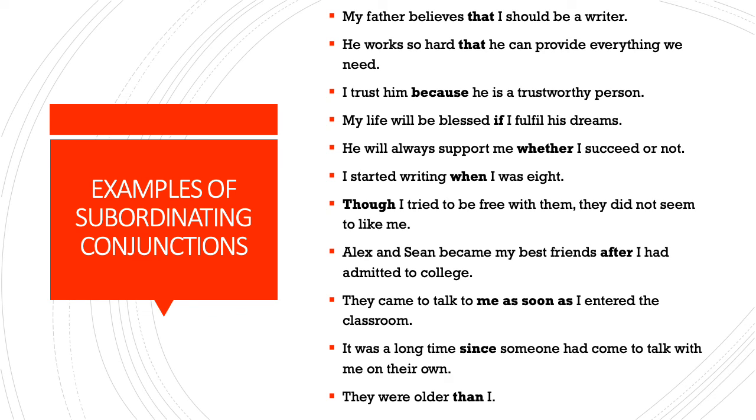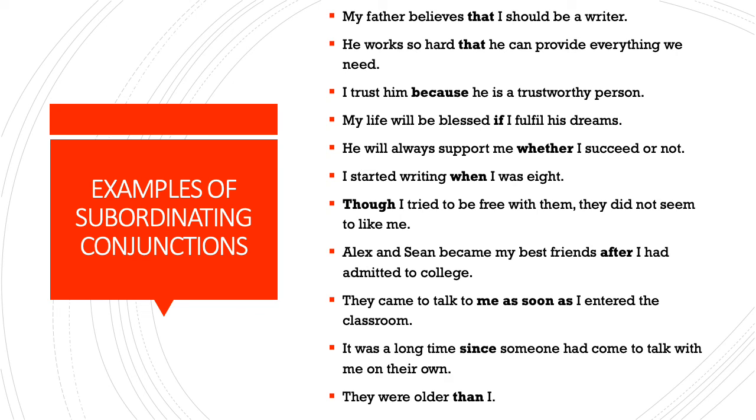I started writing when I was 8. So, in this sentence, see, I started writing is my independent clause. When I was 8 is my dependent clause beginning with the subordinating conjunction. And if I divide this sentence, I started writing when I was 8, into these two parts, then you will see the first part, I started writing, is complete in itself.